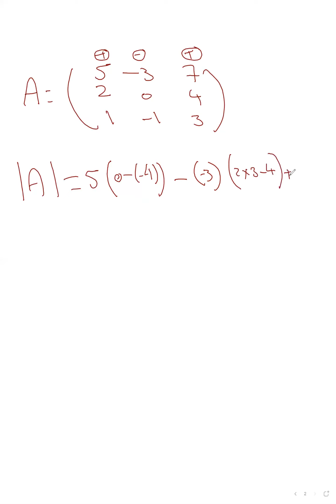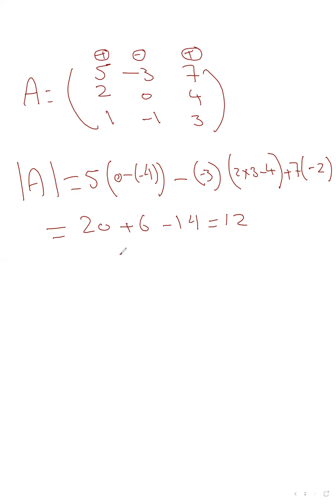And then plus 7 times, cancel its row and its column. 2 times negative 1 is negative 2 minus 0 is negative 2. It will be 5 times 4 is 20, 3 times 2 is 6, minus 14, will be 12.